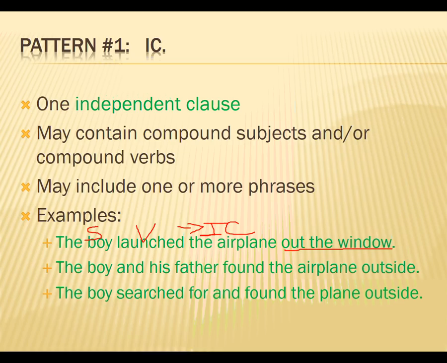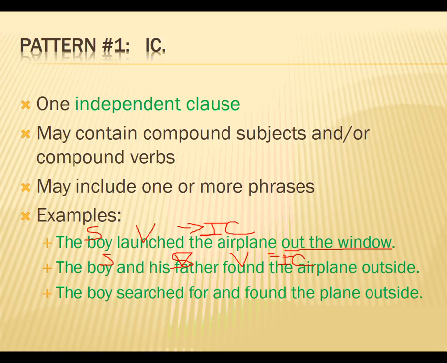The compound subject is the boy and his father. The verb is found. It is still one independent clause with a compound subject. The last sentence, the boy searched for and found the plane outside.